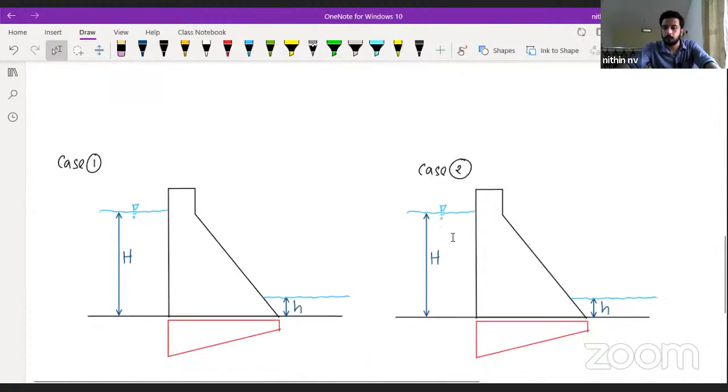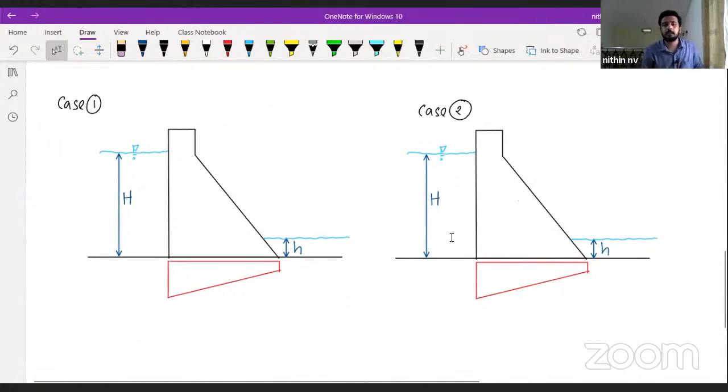Before going into the calculation, just listen here. If we have capital H meters of water on the upstream side and small h depth of water on the downstream side, this is how the uplift pressure diagram will be: gamma W into capital H, and gamma W into small h. Actually, we will multiply with an uplift coefficient C here and here also.